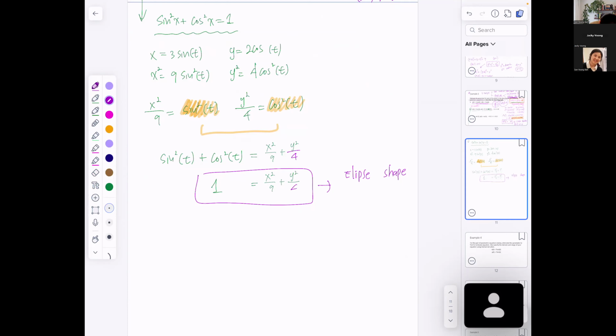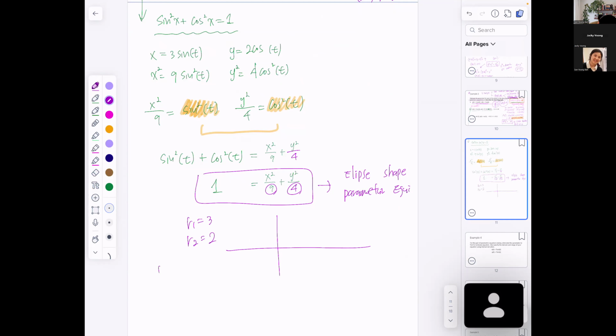So what does it mean? This is your answer as a parametric equation, but we found out it's an ellipse. If you have a circle, this is the radius r squared equal to 9. My bad, the radius is 3, and another radius is 2, because this is r squared.